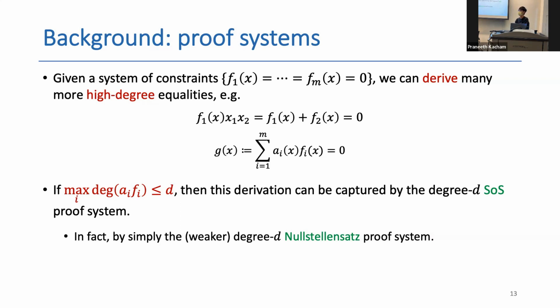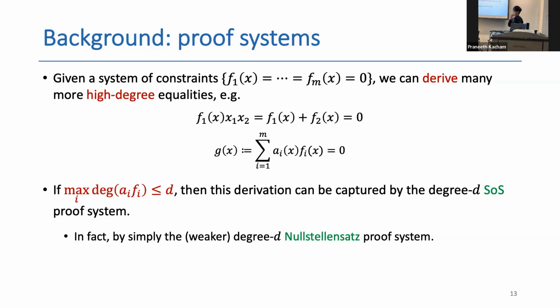But I'm asking why you need SOS. You're right, the derivation that you're defining is a very special case of sum of squares refutation. He doesn't need it, and that's what Nullstellensatz is. It's basically this linear system that you proposed. Yeah, exactly.